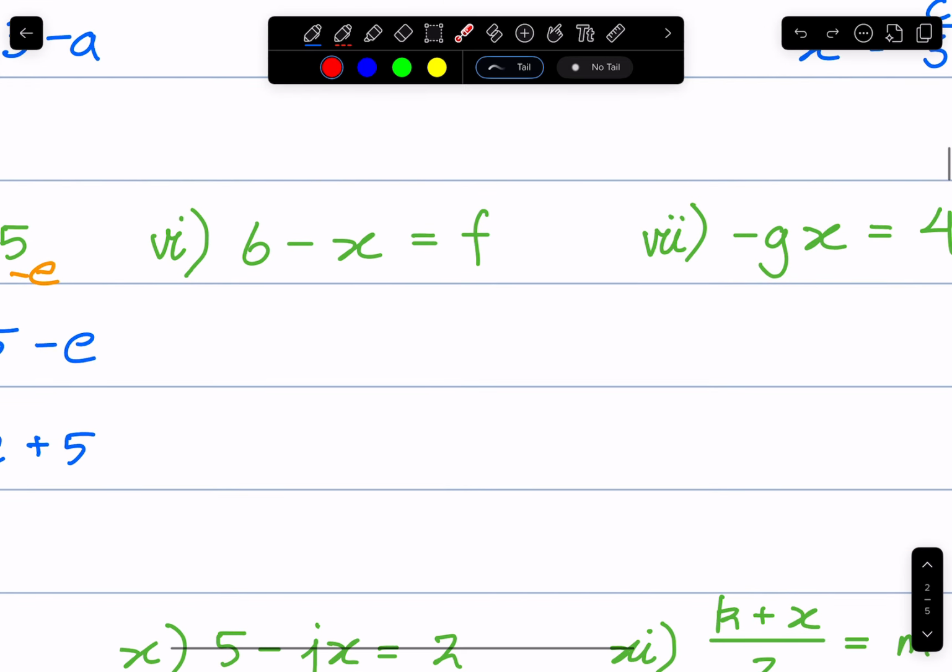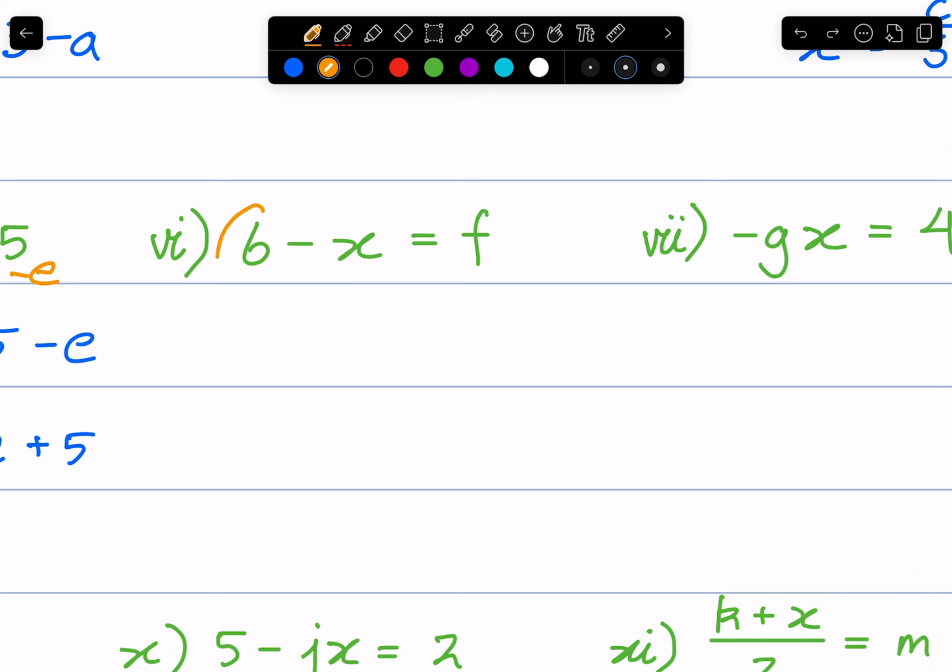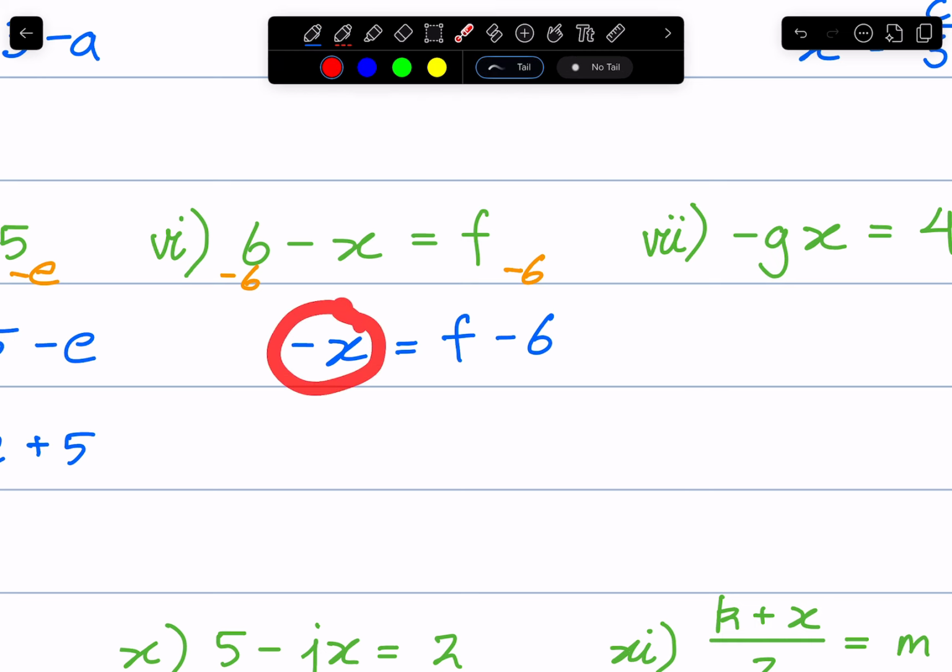And now this one is very particularly different. This 6 is positive, so we have to do minus 6. This leaves us with negative x equals f minus 6. In this case, we actually can't leave this as negative 1x.